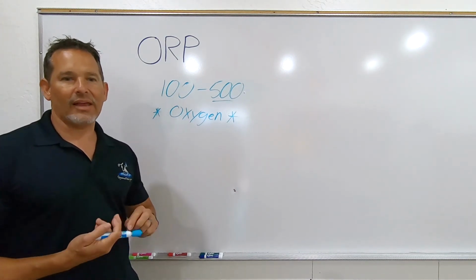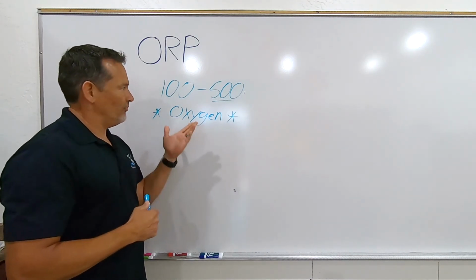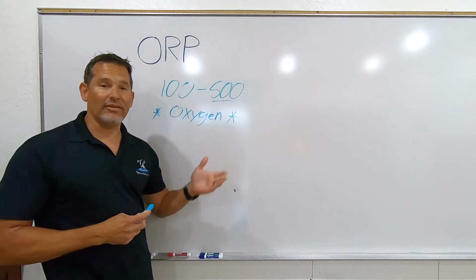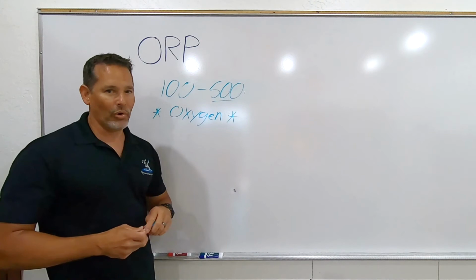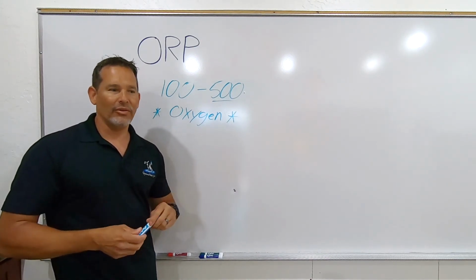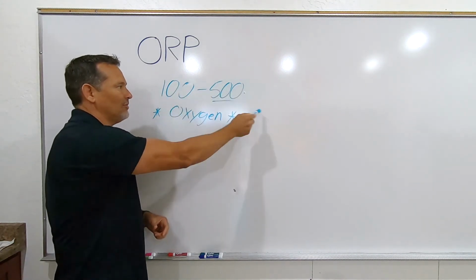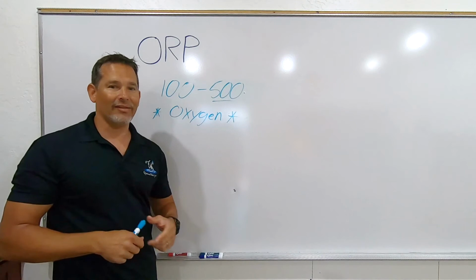The other thing is that I get a lot of people asking about ORP in drinking water. So this is your most natural state. So technically when you're drinking water, you would want a lower ORP number than a higher ORP number. Because remember, if this is my natural state, this is typically what I'm going to start with, without any type of oxidizer in there.